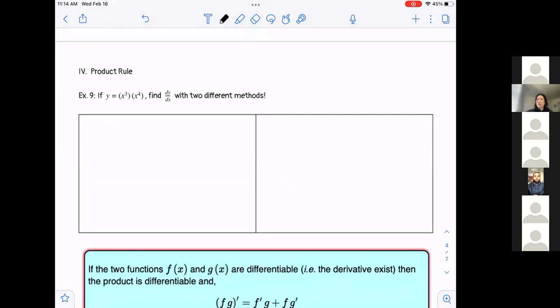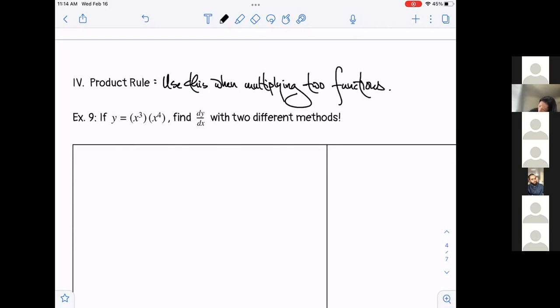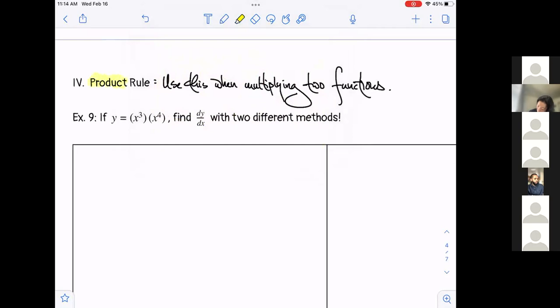When we think product, we're really saying use this when multiplying two functions. So the word product should clue us to say, oh, if I'm multiplying two functions, I might want to use this product rule. Okay.